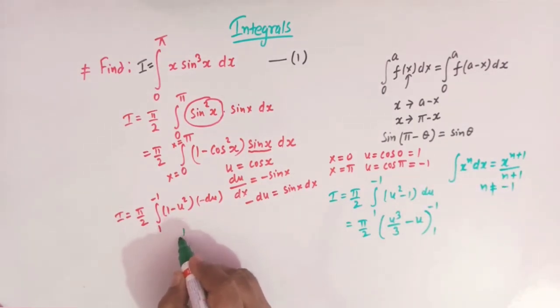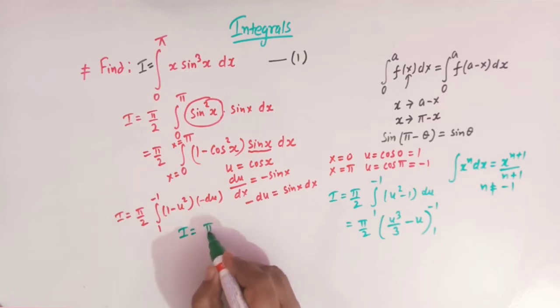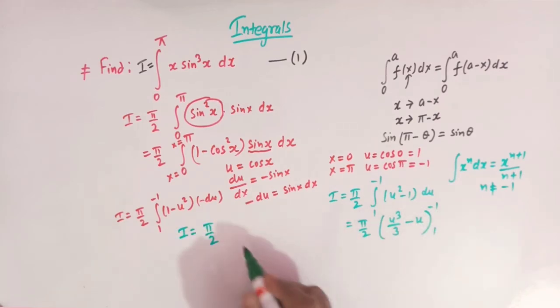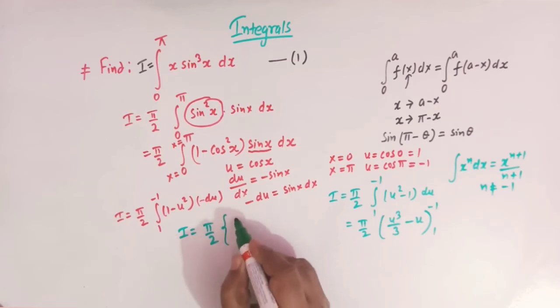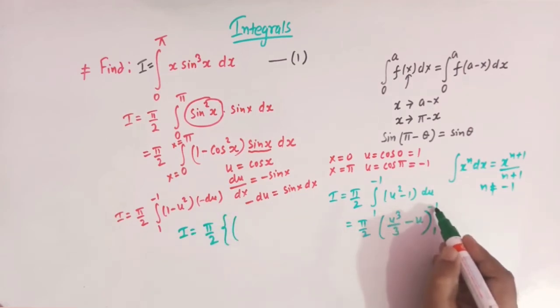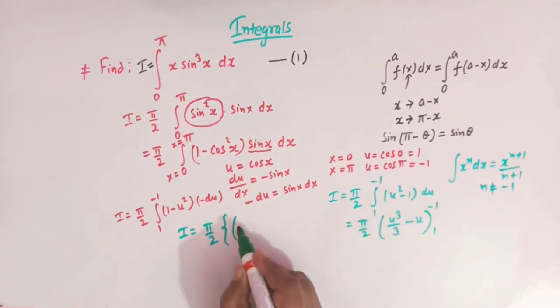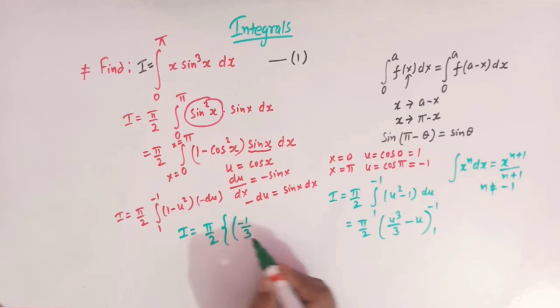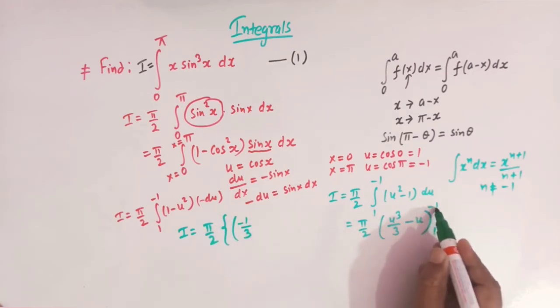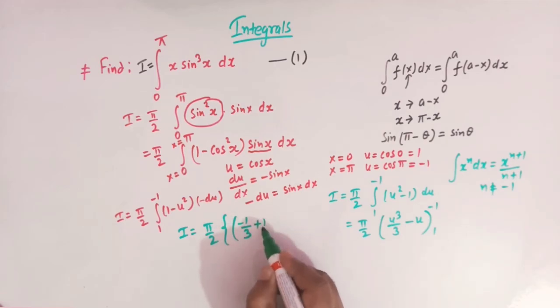Okay, so now we can simply substitute the limits, and here we can first take minus 1. So minus 1 cube is minus 1, over 3, and when we take u is equal to minus 1, so this becomes plus 1.